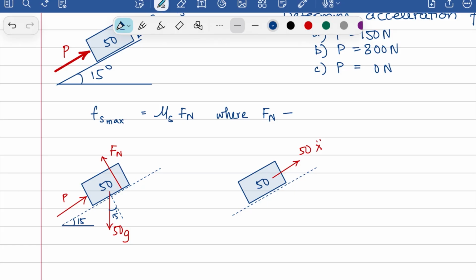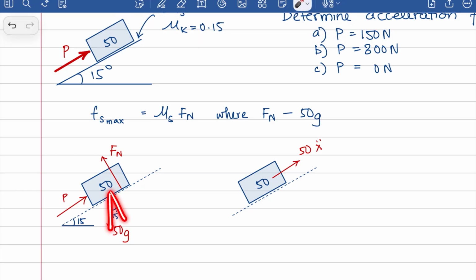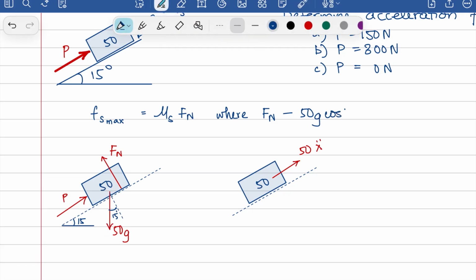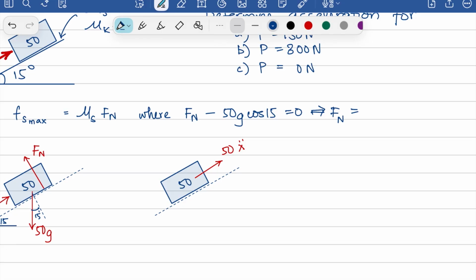So Fn minus 50g, what is the component here? 50g cos 15. So Fn is equal to 50g cos 15, that is 473.8 newtons.